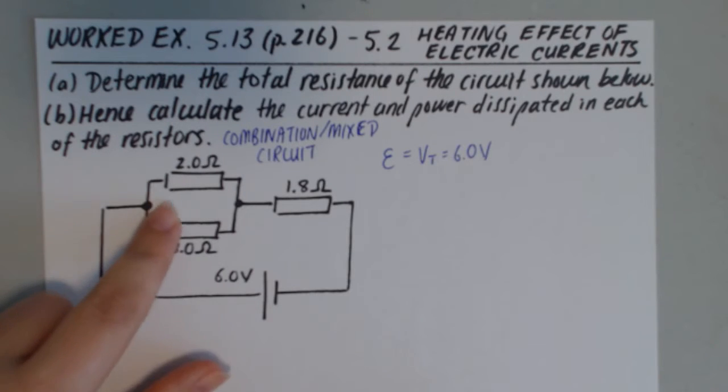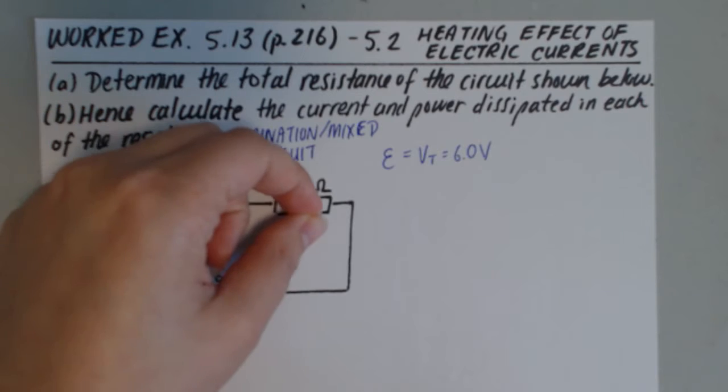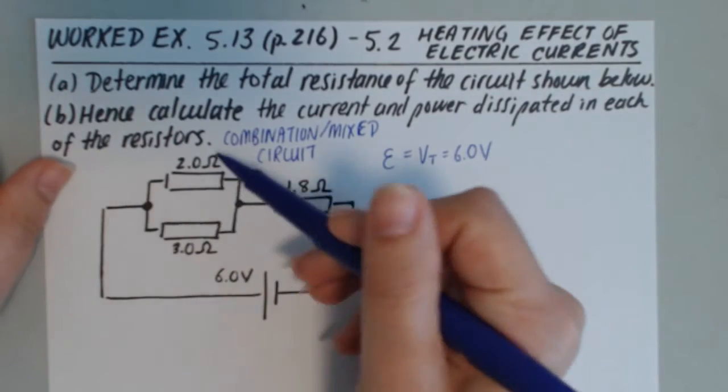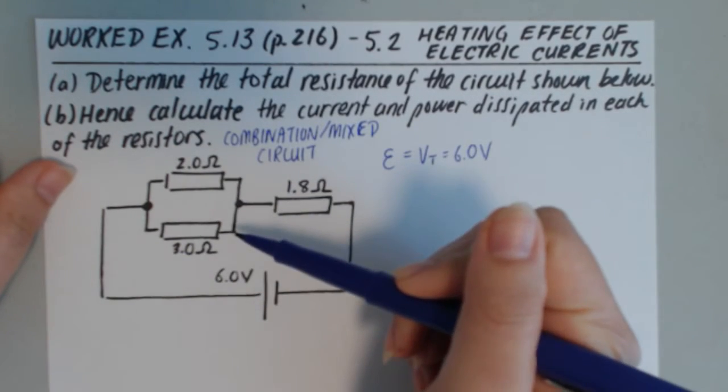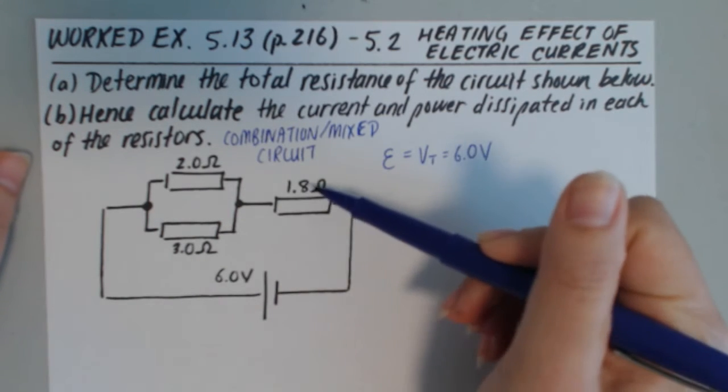We've got the 2 and 3 ohm resistors connected in parallel, and those two are connected in series with the 1.8 ohm. So what I'm going to want to do is merge these two, figure out what the equivalent resistance of these two would be as a single resistor, and then that single resistor will be in series with the 1.8.